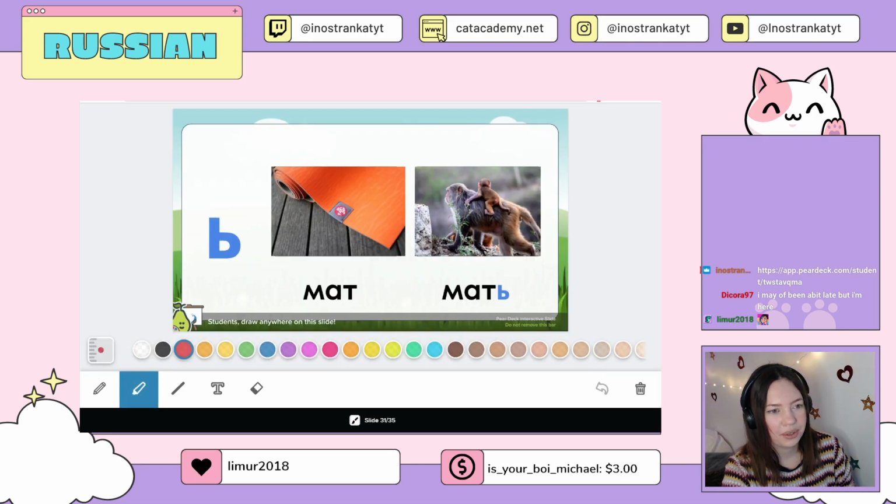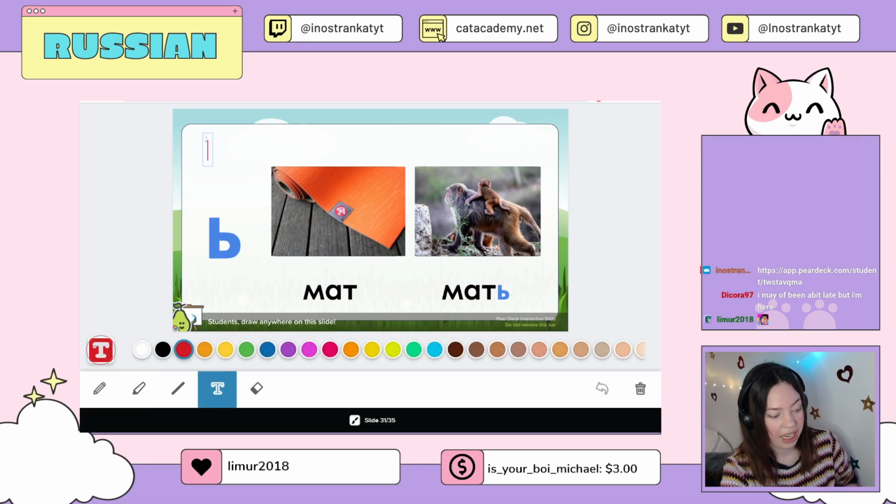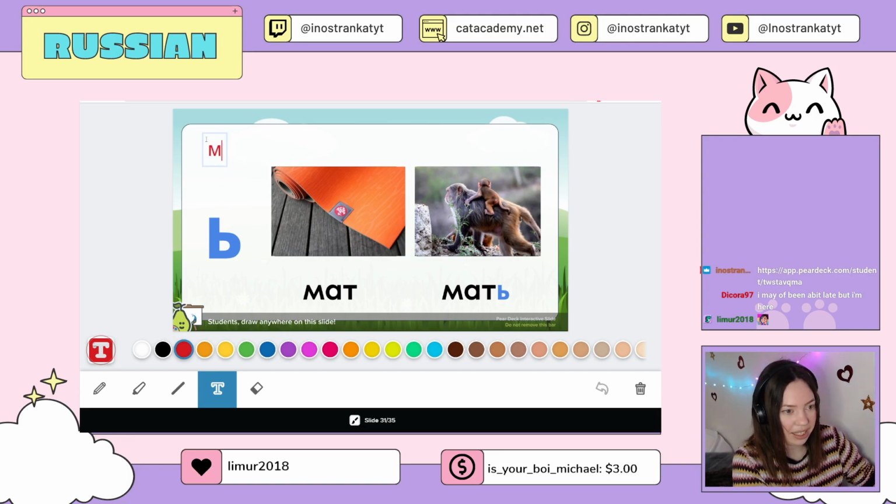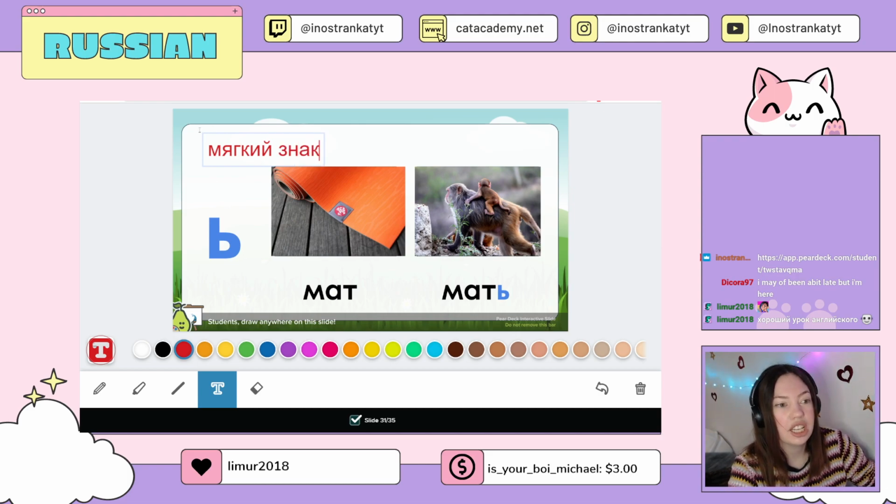Okay, so the next bukva is a special bukva that has no sound, but it has an official name. That is мягкий знак. That means a soft sign.